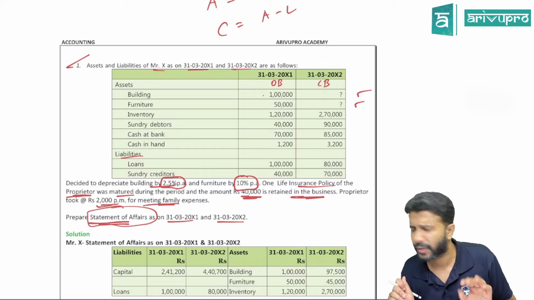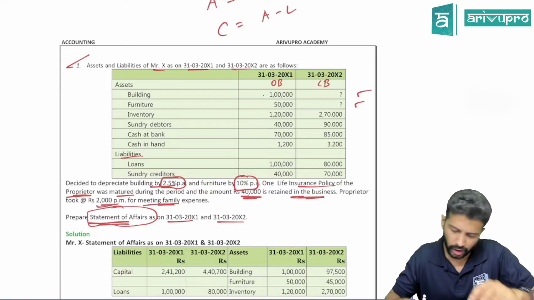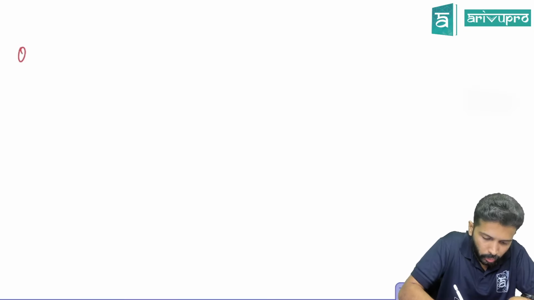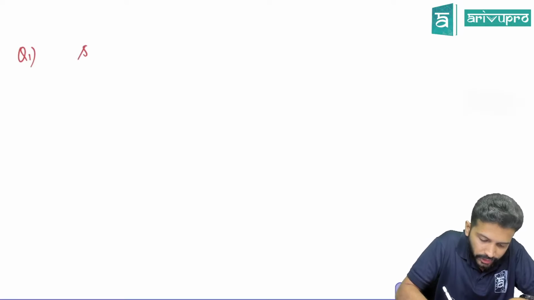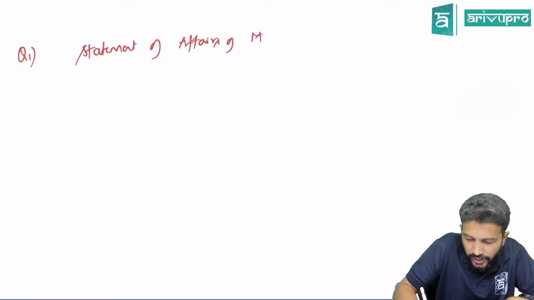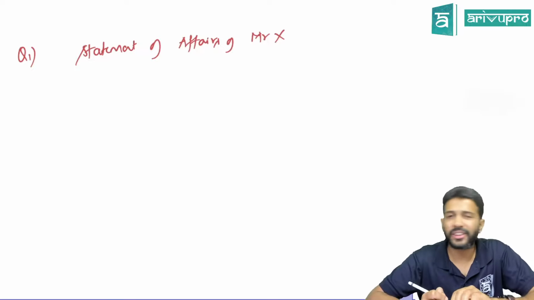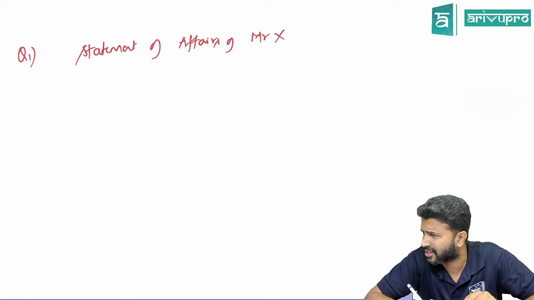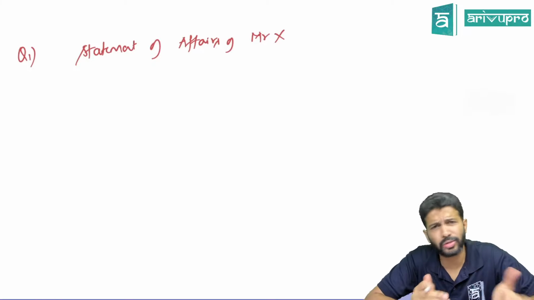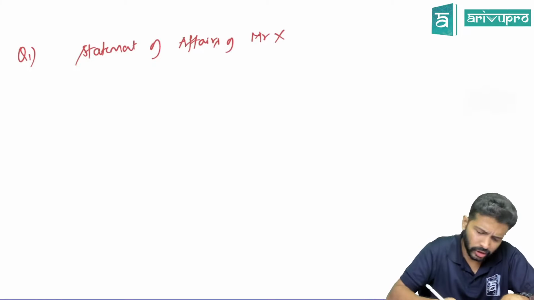Quickly, can we do the first question? Okay, everybody? All right. Very simple. Question number 1. Statement of affairs of Mr. X. Since they are asking us to prepare two years, I'll not do two statements of affairs. I'll do a parallel working note because more or less every data is the same.